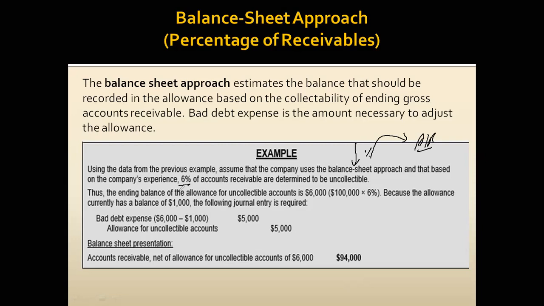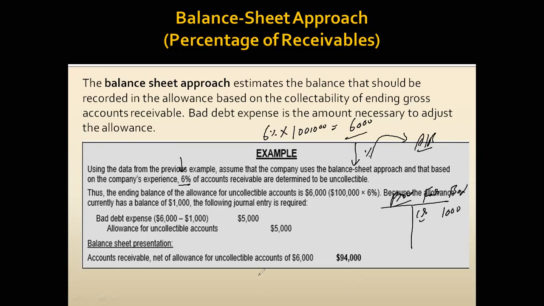So in order to record the provision for bad debts, we will use this percentage. 6% of 100,000 gives 6,000. One important thing to keep in mind: when we started the previous example, we were already having a provision for bad debts of 1,000 opening balance.